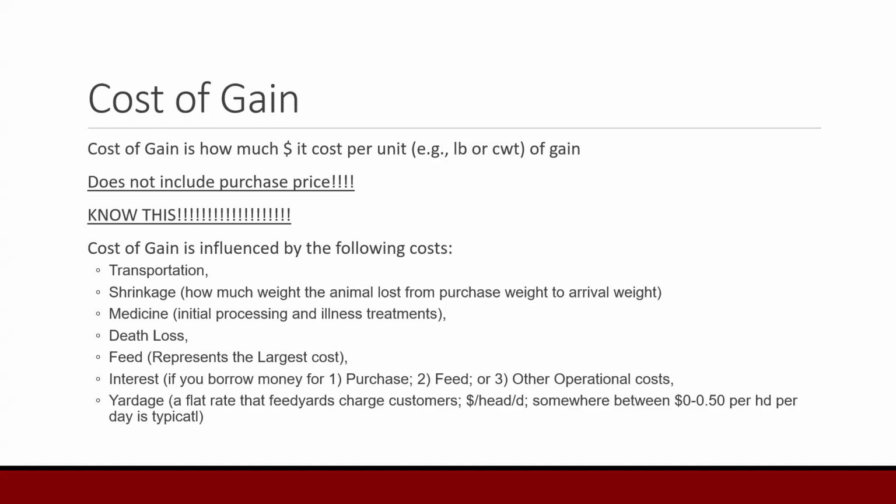So yardage is a flat rate that feed yards charge, typically in dollars per head. And it's usually somewhere between 0 and 50 cents per head. There's a wide range in what feed yards will charge in yardage because maybe they aren't charging yardage, but they're charging more markup on feed. Does that make sense? Okay.